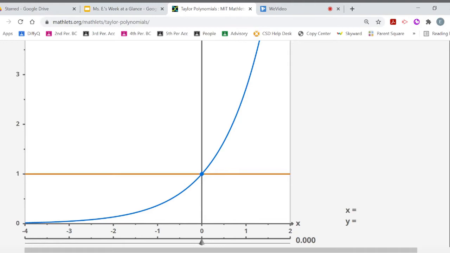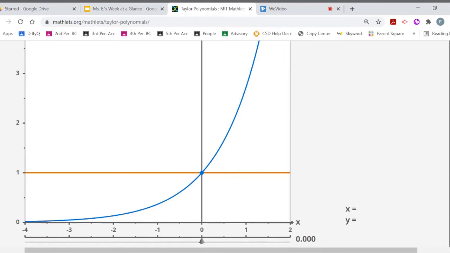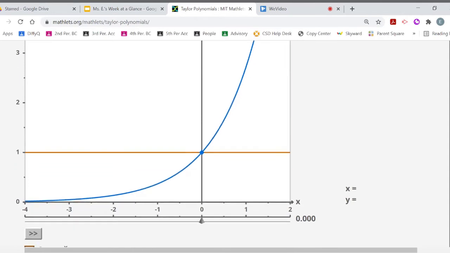And then when you get away from zero, your red line is absolutely not the same as the e to the x graph. So I could say, okay, you're right. Let's make up a polynomial that has more in common with e to the x. Right now the red line only shares the y coordinate at zero.